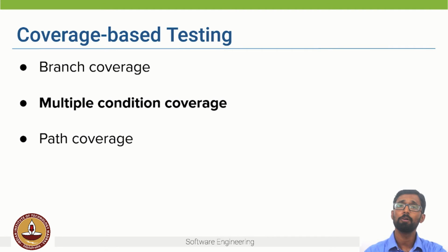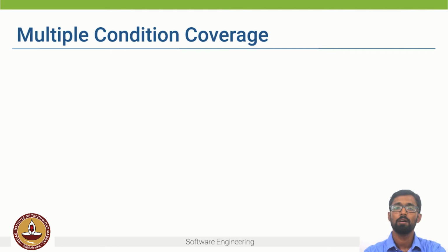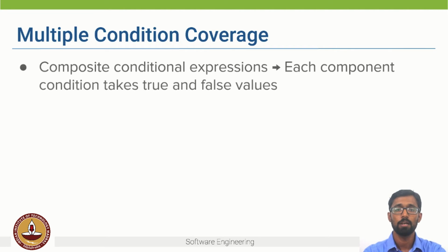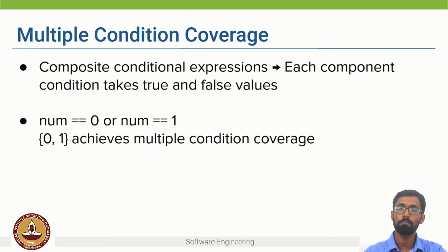Now the second type of coverage based testing is multiple condition coverage. In many cases we can have composite conditional expressions. What we do in multiple condition coverage is to check that each component condition takes true and false values. We saw in the previous example of is prime a composite condition like num equal to 0 or num equal to 1.